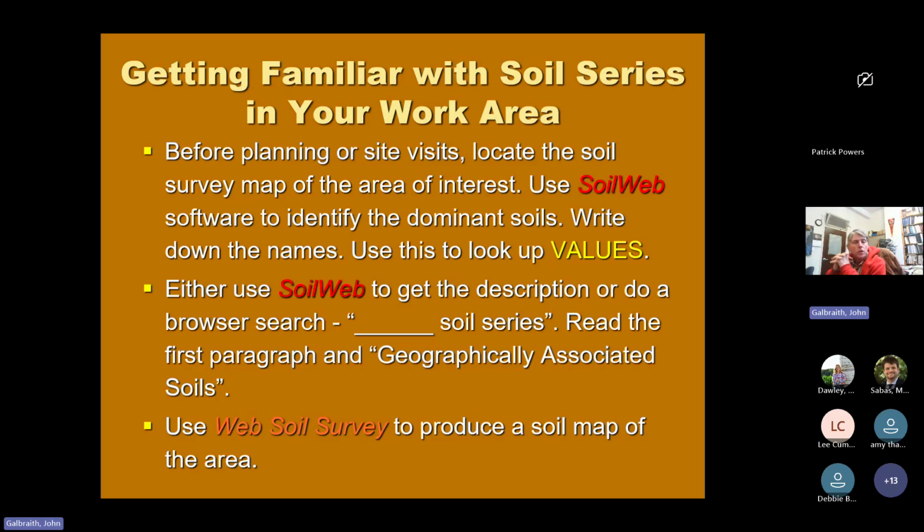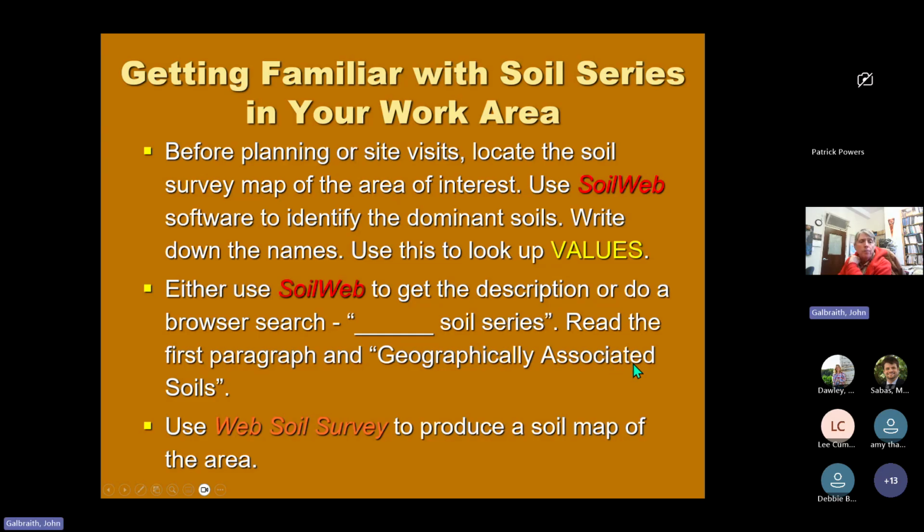Okay. You use that soil series name to look up information in VALUES. It tells you not just the name of the soil series, it gives you that link to that description that I just showed you. And it also gives you a map unit symbol, which I think is useful in VALUES as well.